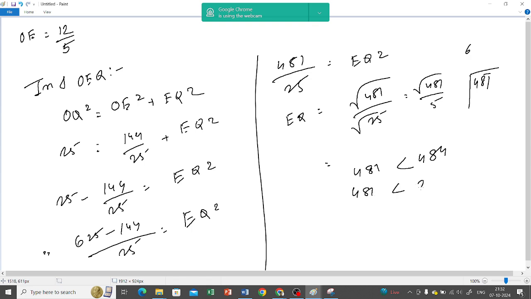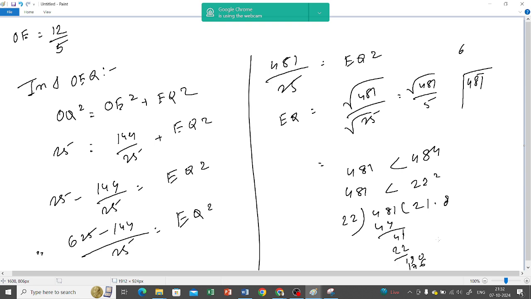Okay, now divide 481 by 22. So 21.8. Now what was the next step? 21.8 plus 22 divided by 2.